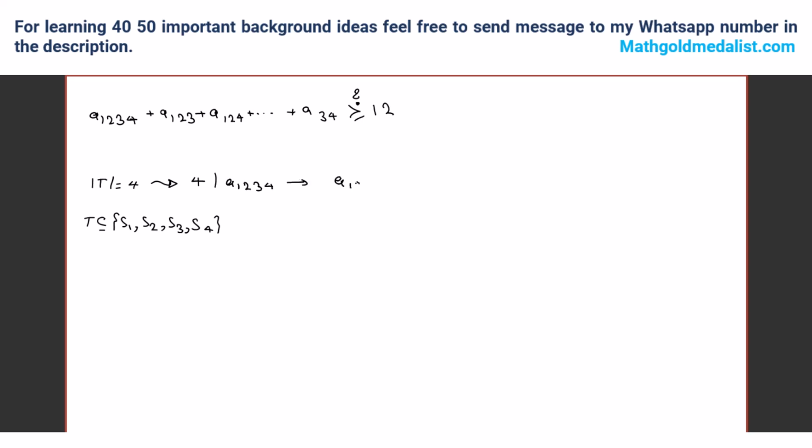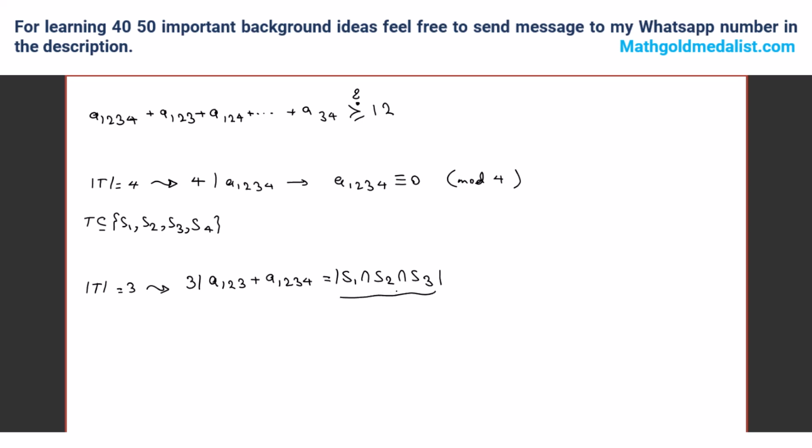Or we can say A1234 is what mod what? Exactly. Now let's focus on, if I consider T3, then what can we conclude? No, no, no. One of them is A123 plus A1234, finished, right? It is exactly S1 intersect S2 intersect S3. Agreed? Do you agree? Sum of these two variables.